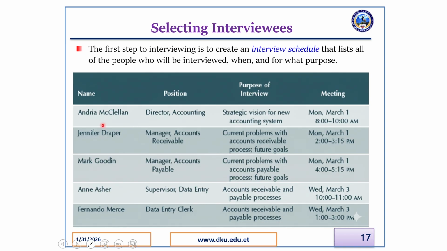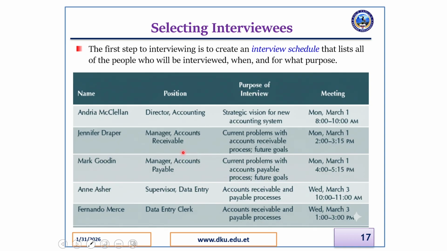The name is Jennifer, and the position is manager, accounts receivable. And the purpose of the interview is current problems with accounts receivable. The meeting will be held Monday, March 1 at 3 p.m. And the other one is Mark, who is manager, accounts payable.